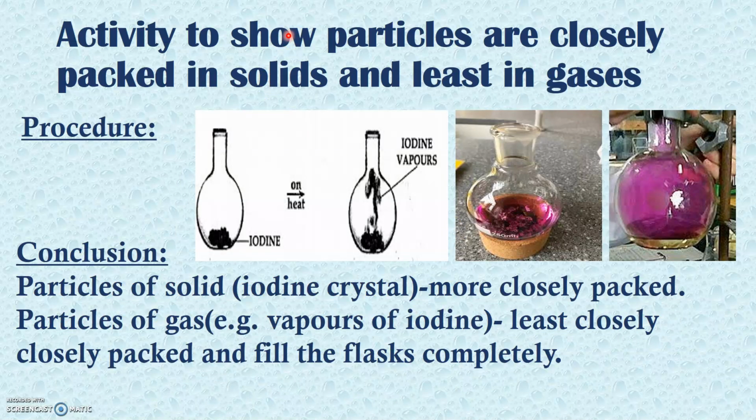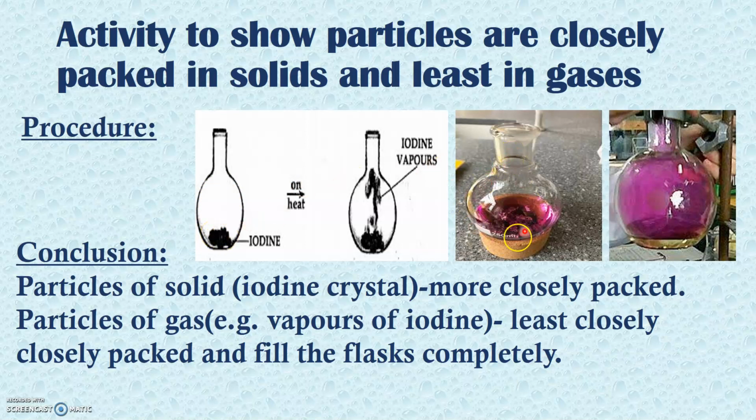Next, let's see an activity to show particles in solids are closely packed and particles in gases are least closely packed. For this, take a round bottom flask as you can see in the picture and add crystals of iodine that is in the solid form.